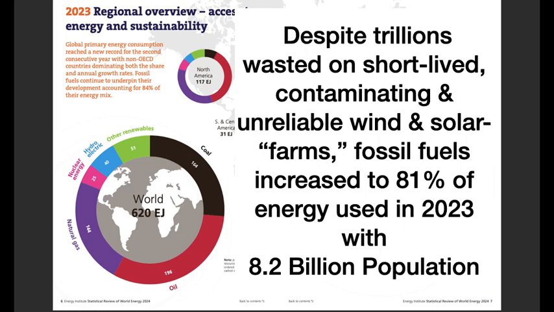We're trying to build a whole new infrastructure, a whole new culture based on these short-lived, contaminating, and unreliable wind and solar, and they call them farms, but they're not farms. But despite spending trillions and building these things all over, fossil fuels continue to increase to 81% of energy used in 2023 with a population of 8.2 billion people.